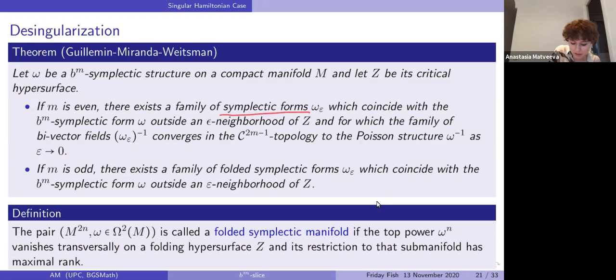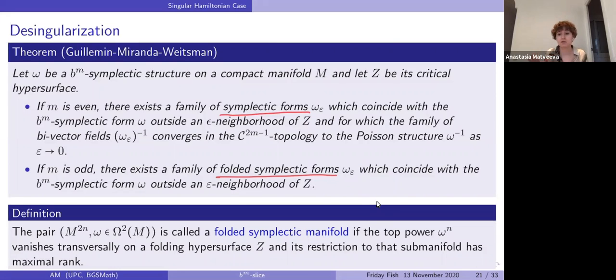In the other case, it will be a family of folded symplectic forms. Folded symplectic forms are defined here. It's basically a pair of a two-n-dimensional manifold and a two-form such that the top power of omega vanishes transversally on Z, which is called the folded hypersurface.